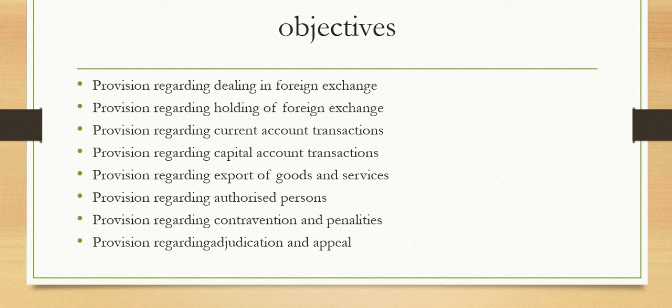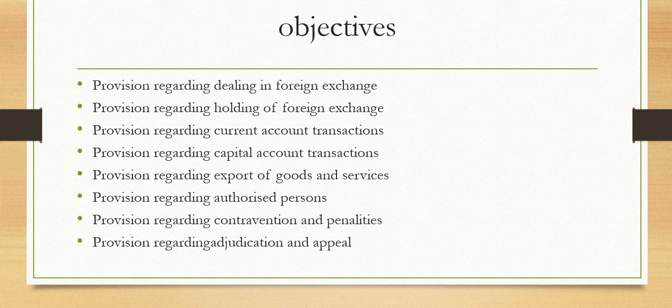According to section 10, RBI may, on an application made in its behalf, authorize any person, to be known as an authorized person, to deal in foreign exchange or foreign securities. When that is done, he has to follow the rules and regulations of the RBI.